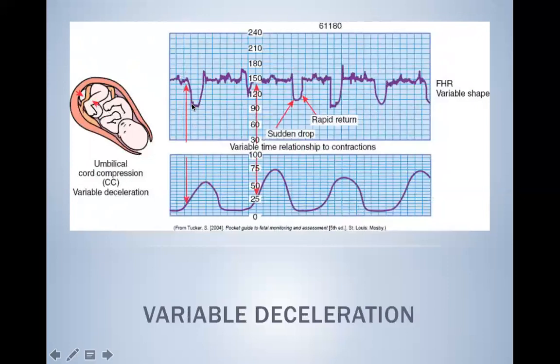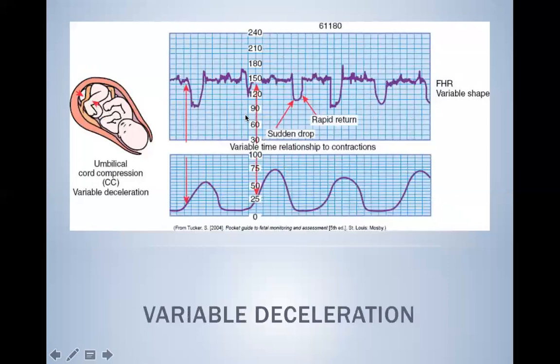In which case the baby says, I don't like that, and the baby's going to move a little bit, or if it's due to the contraction, when the contraction lets up, then the baby's able to recover quickly. So if we see it in relation to our contractions, then we're going to assume that there's a cord somewhere.